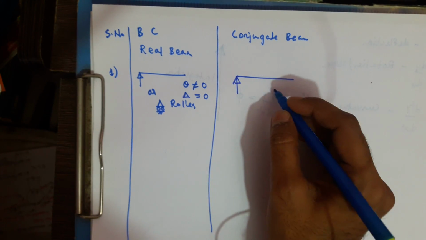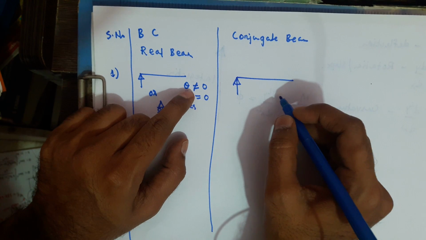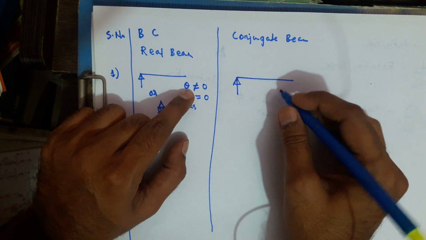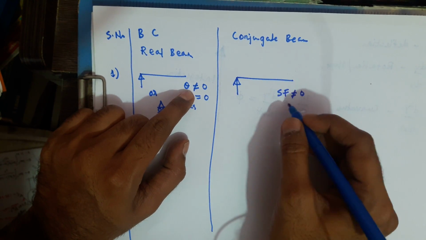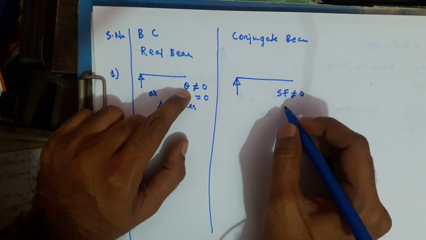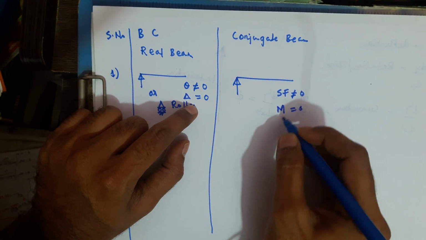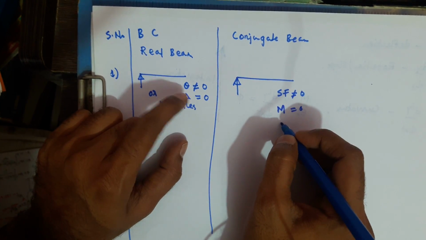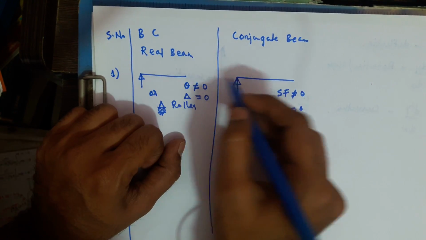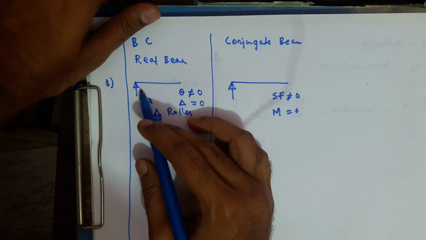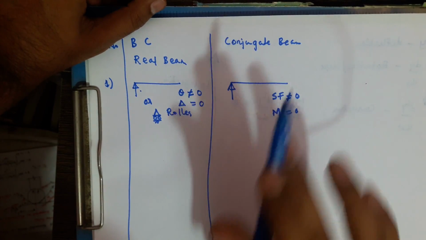Using the same concept, we apply the boundary condition here. Shear force in the conjugate beam is equal to slope in the real beam, so shear force should not be equal to 0, because shear force is equal to rotation in the real beam, and moment should be equal to 0. Moment in the conjugate beam is equal to deflection in the real beam. So if we provide a simple support in the real beam, we provide a simple support in the conjugate beam.